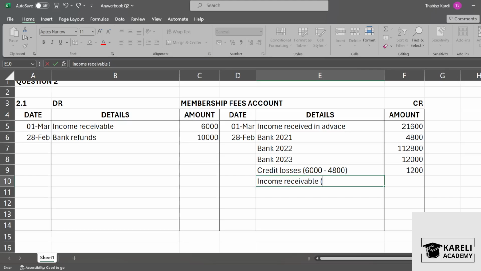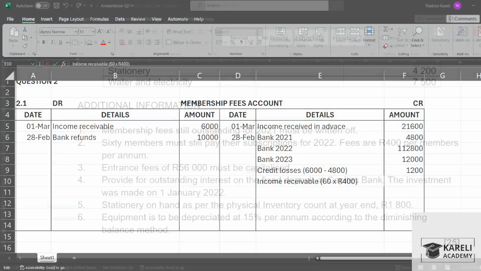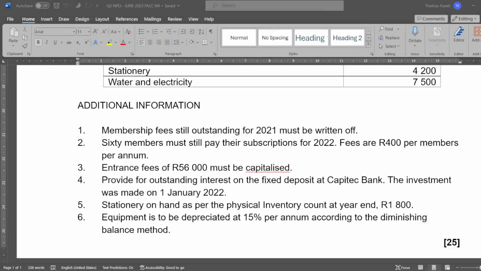What did they say? They said 60 members did not pay. And those 60 members, you multiply them by their subscription, or you multiply them by their membership fees amount, which is 400 rands per member.